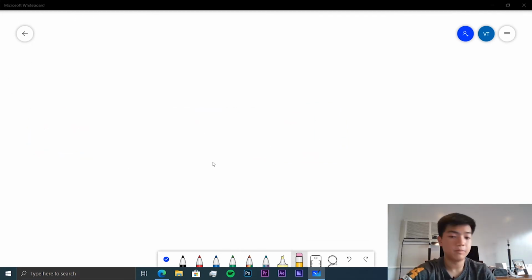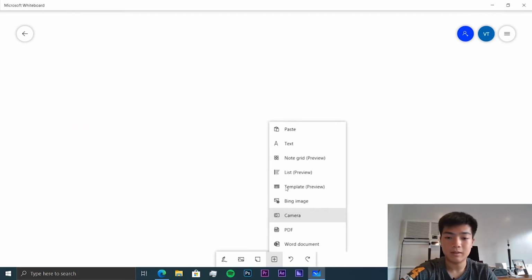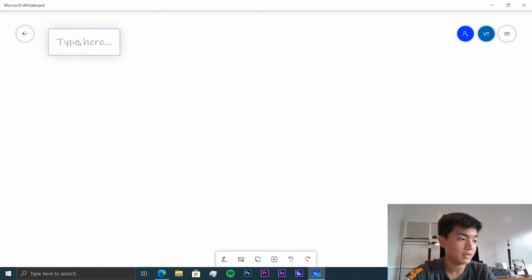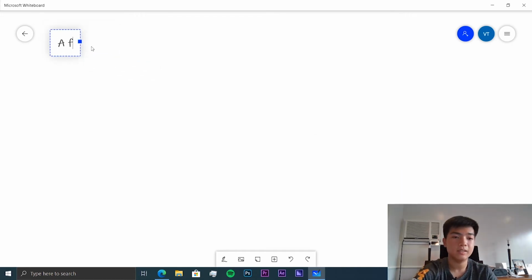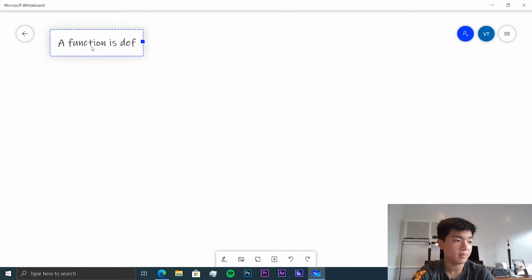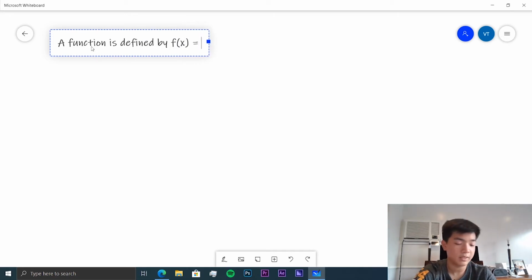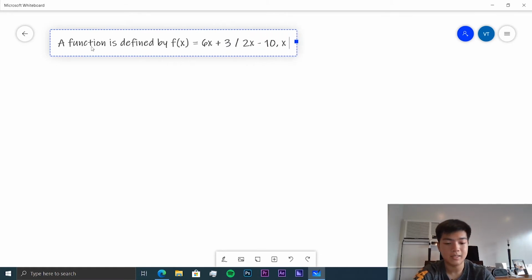And then let's move on to the harder questions. And so the harder questions look something like this. A function is defined by f of x is equal to 6x plus 3 divided by 2x minus 10, for x not equal to 5.